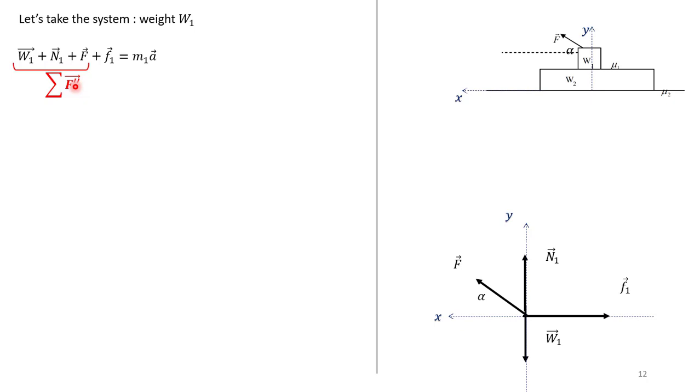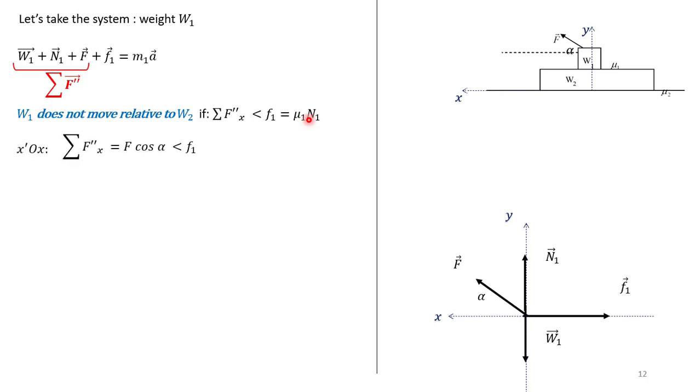F1 is greater than the sum of F double prime x. So here we want to find the sum of F double prime x, and we need to find what N1 is. Let's make two projections, one along x to find the sum of F double prime x, and another on y to find N1.